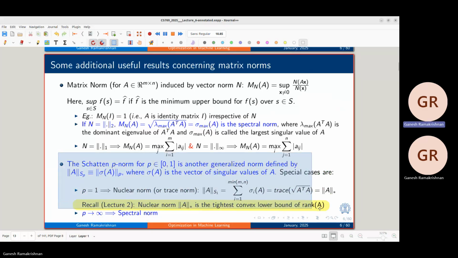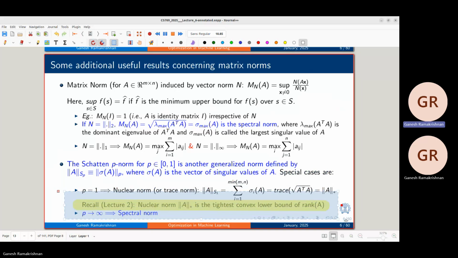So there's one more variety of norm which has been inspired by all of this. There are multiple ways we are approaching these norms. One way to approach the spectral norm was as a matrix induced norm under the L2 norm.